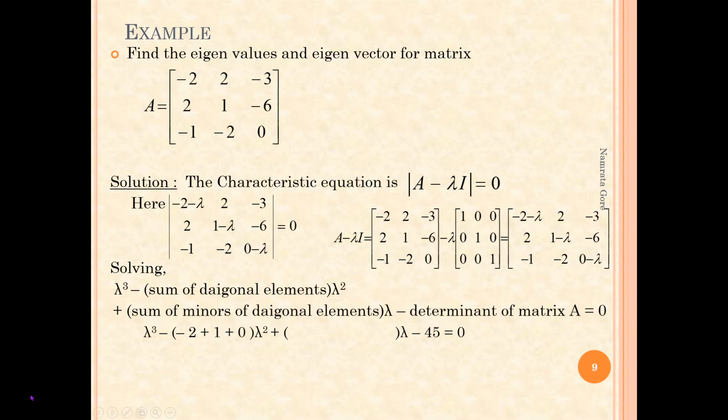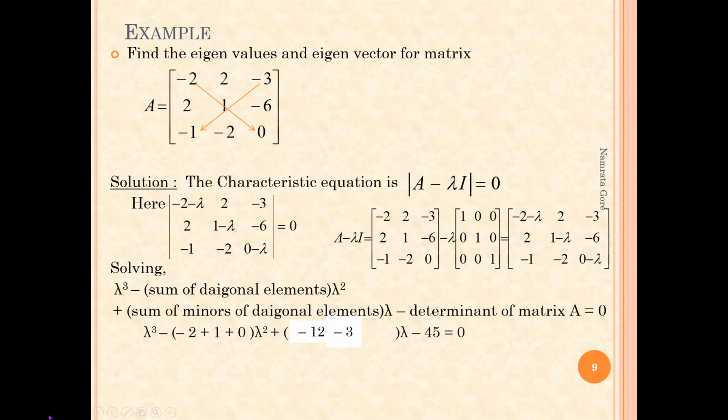So one by one we'll find the minor of each diagonal element. Solving for -2, the minor will be this, and you will get it as 0 minus 12. So the resultant is minus 12.